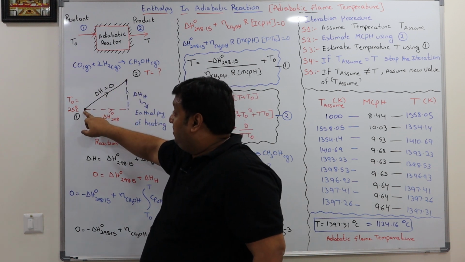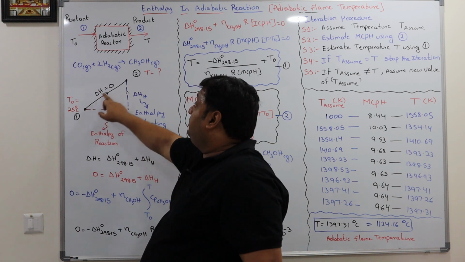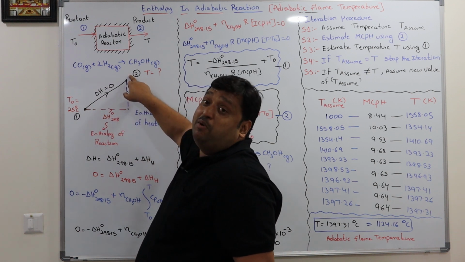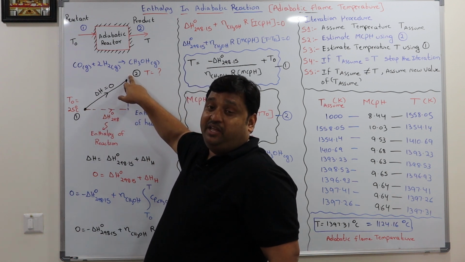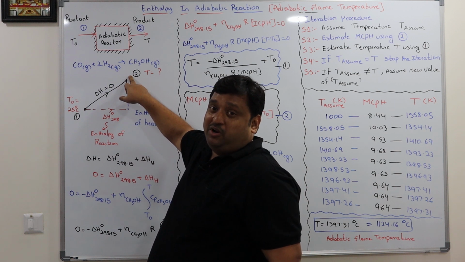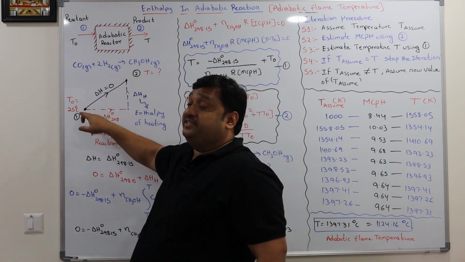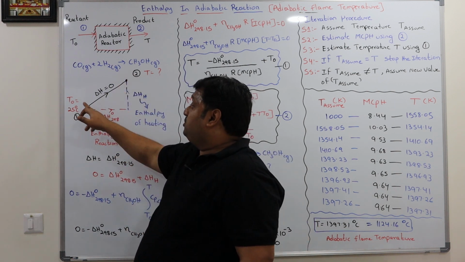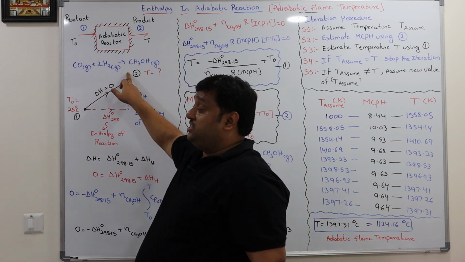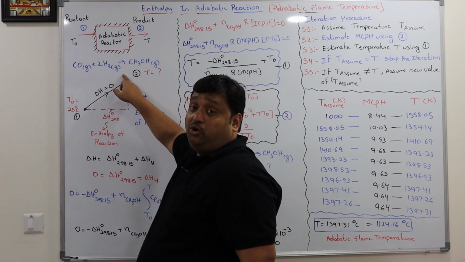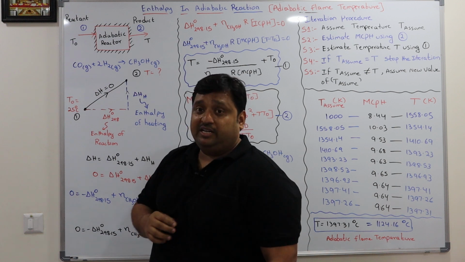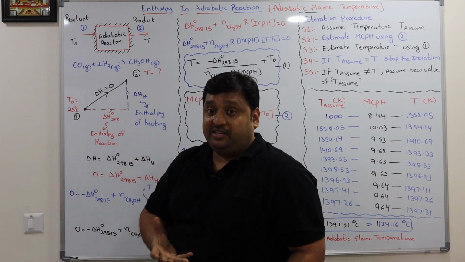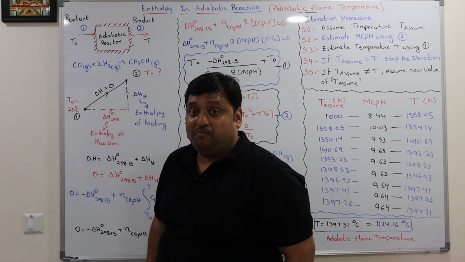It doesn't matter whether you have gone through this path or that path. That is the beauty of thermodynamic properties like enthalpy: they depend on the initial and final state, and it doesn't matter how it has gone to the final state. So let us take that as an advantage to find this maximum possible temperature.